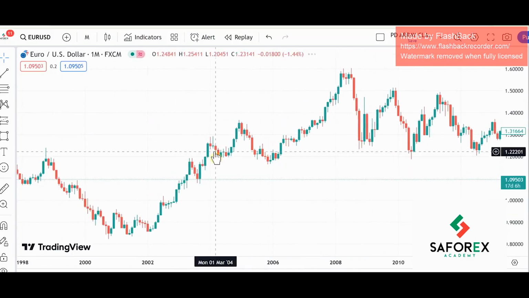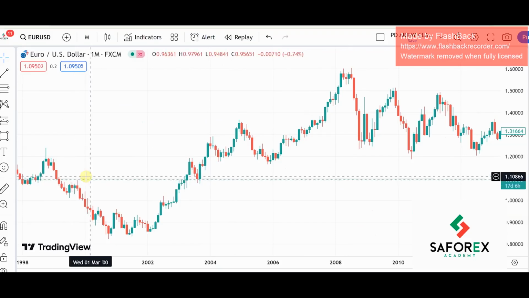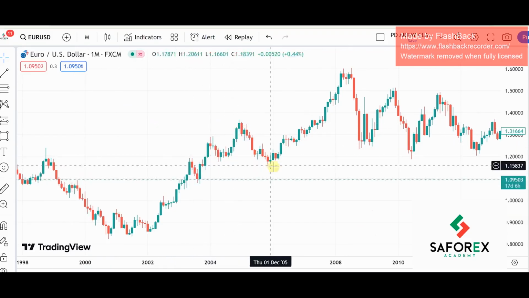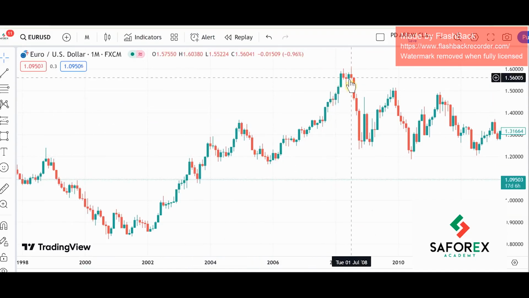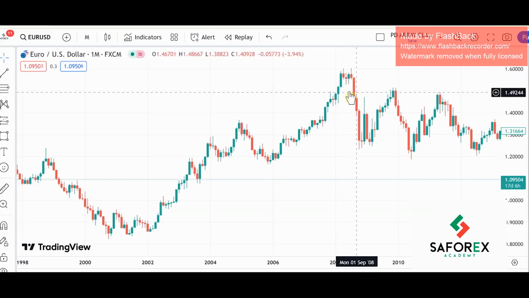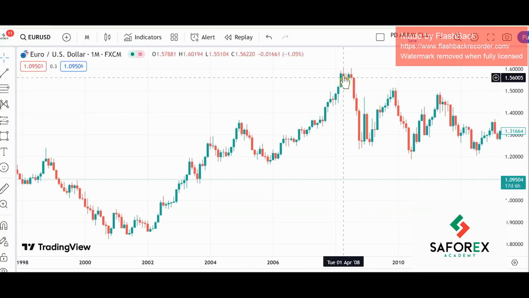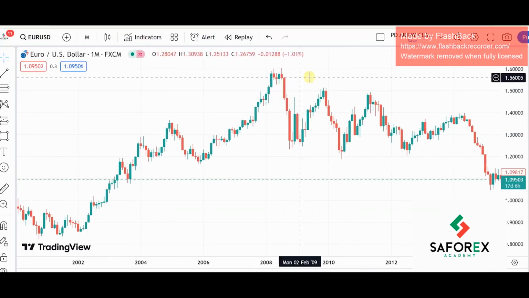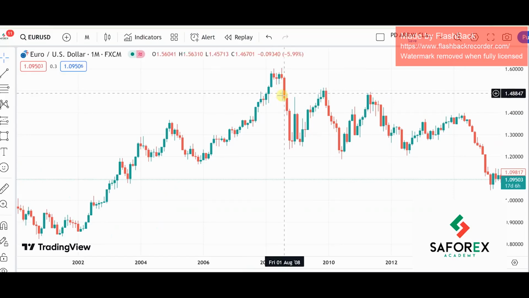So look at this market now. See, the market has been going up from here, going up, going up, and we get here. You see a reaction that broke down here. This is an order block. The market has tested it.